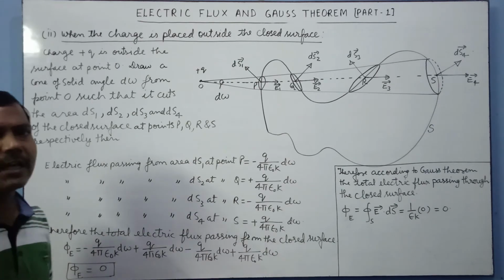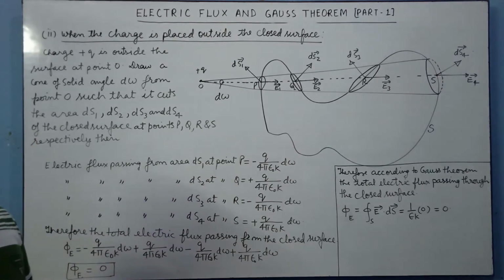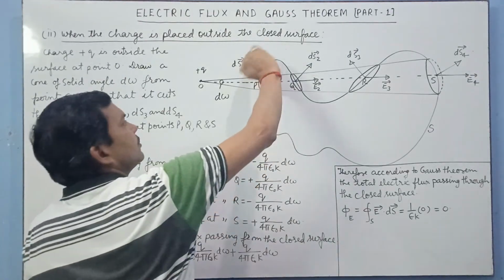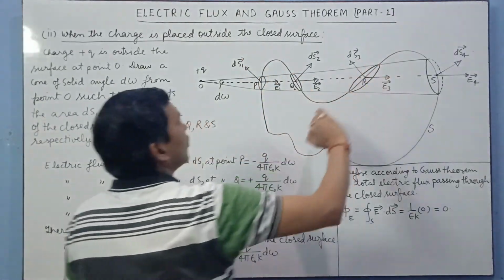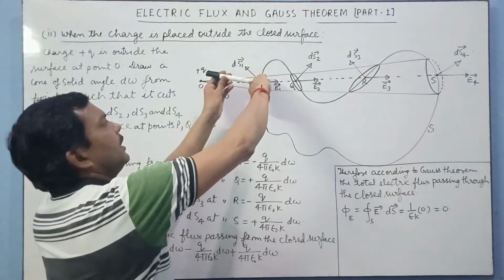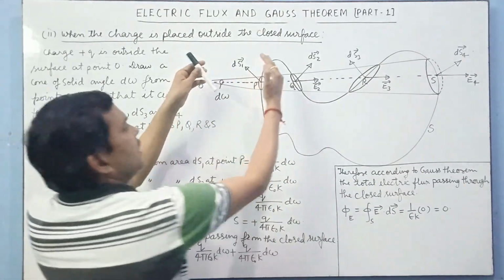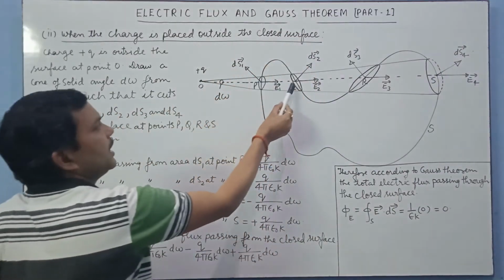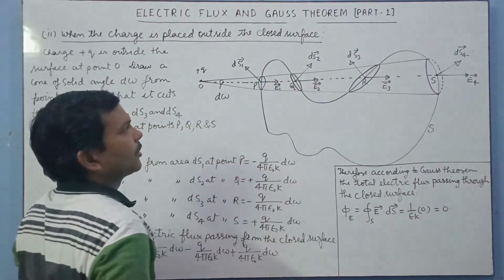I have told you earlier that the direction of the area vector is always the outward normal to the surface. So here the surface is like this, like this. So here the direction will be this way outwards, and here the direction is this way outwards.